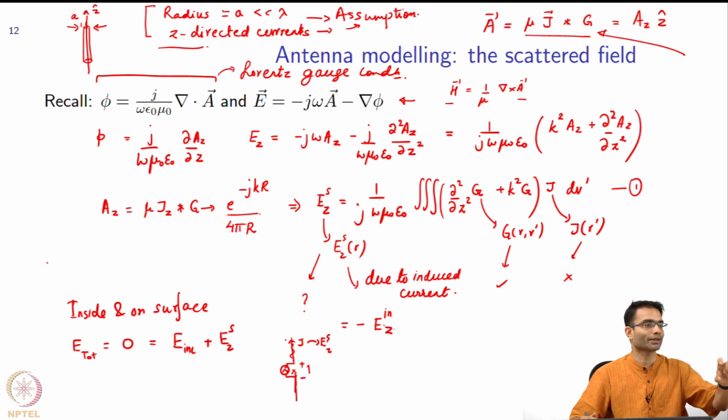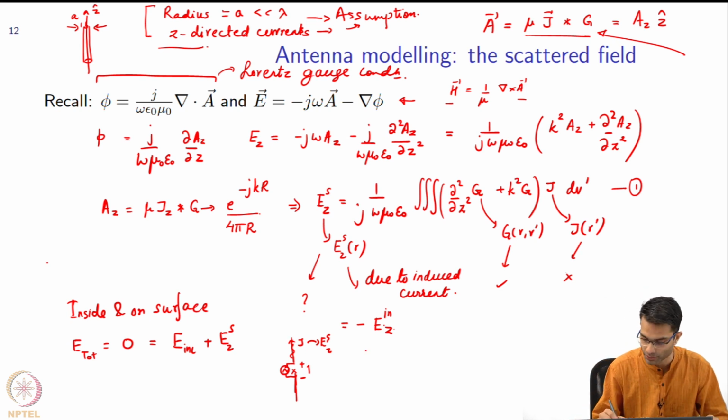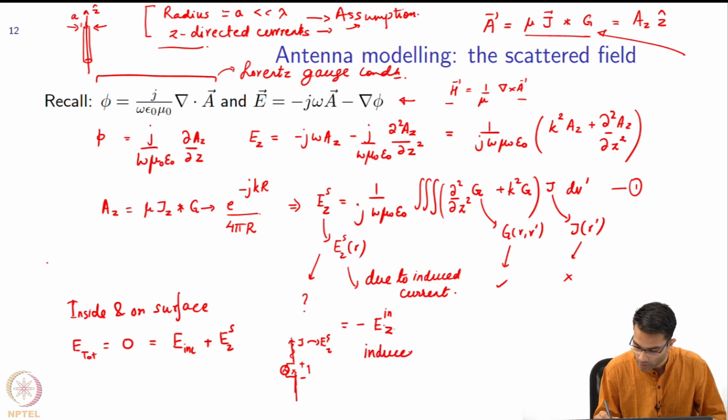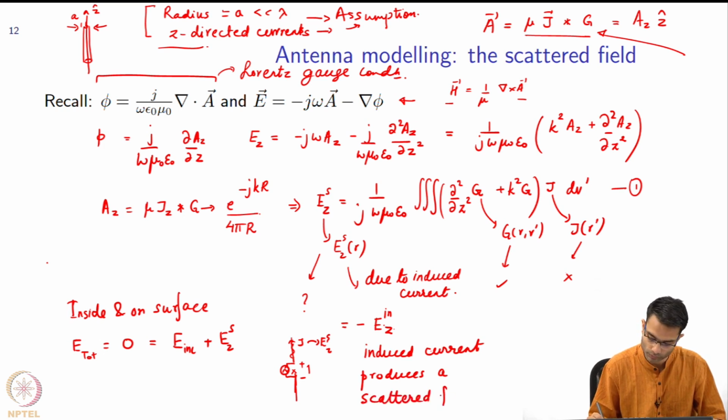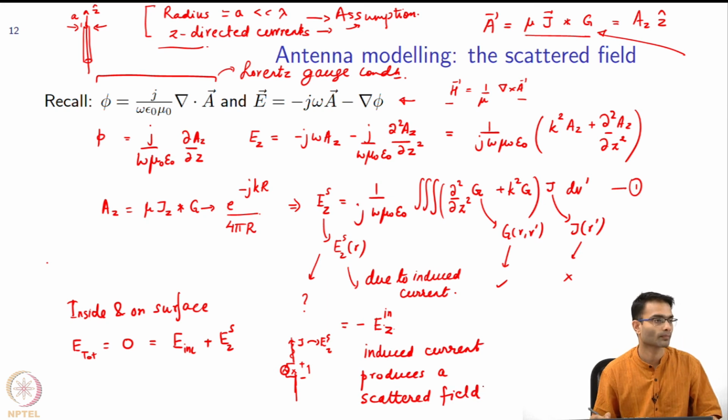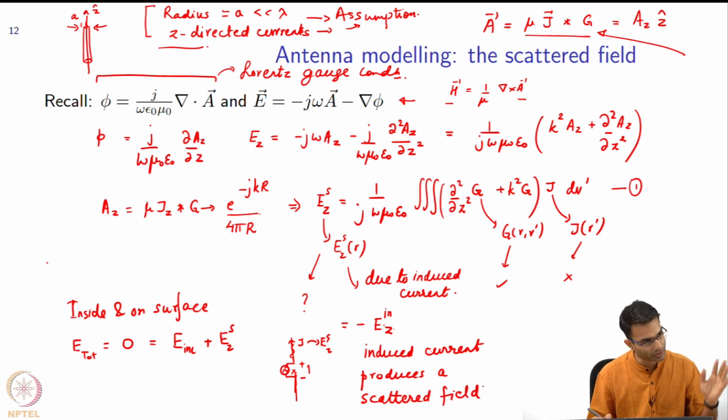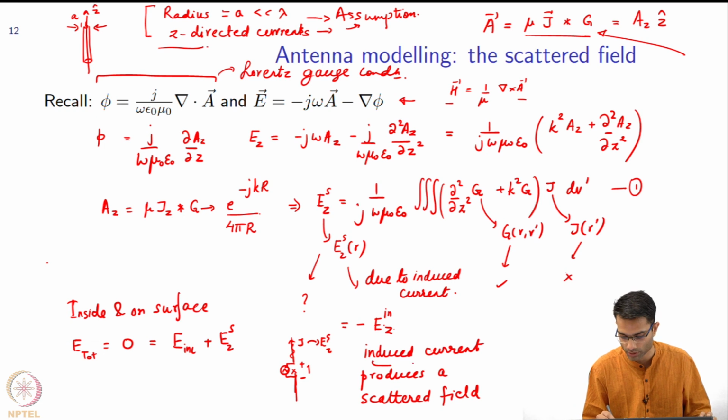It's not that because I connected this, now I can ignore the field produced due to induced current. So remember, right, induced current produces a field and they call it a scattered field, not induced field. Okay, induced current, scattered field. These are the two terms you should keep in mind.